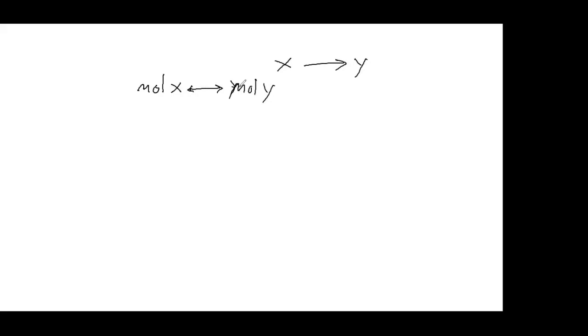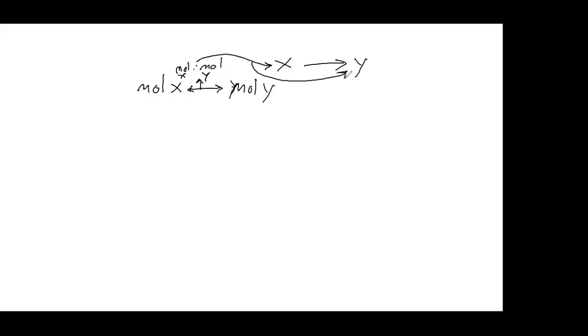The same thing we did in the previous example, using the mole to mole ratio between X and Y. What is the mole to mole ratio? You can get it from the coefficient numbers of X and Y in the balanced chemical equation.